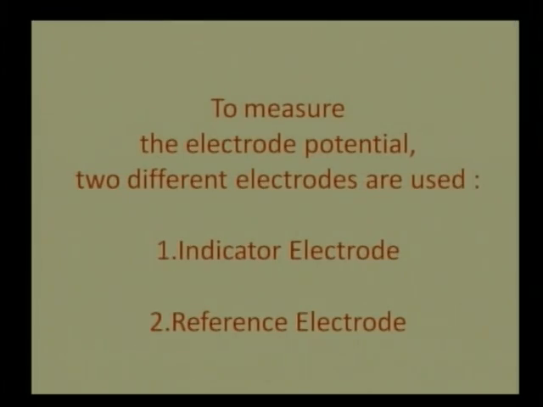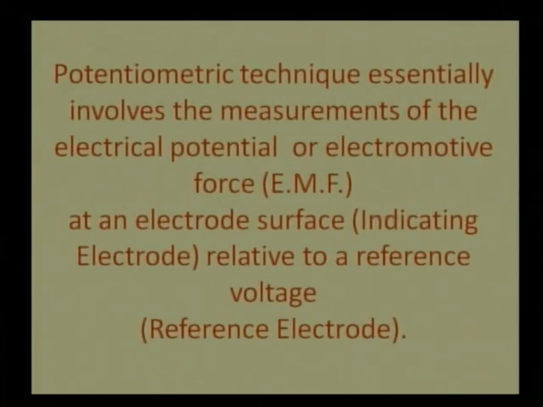To measure the electrode potential, 2 different electrodes are used: the indicator electrode and the reference electrode. The potentiometric technique essentially involves the measurement of the electric potential or electromotive force, which we know as EMF, at the electrode surface, known as the indicator electrode, relative to a reference voltage, that is the reference electrode.